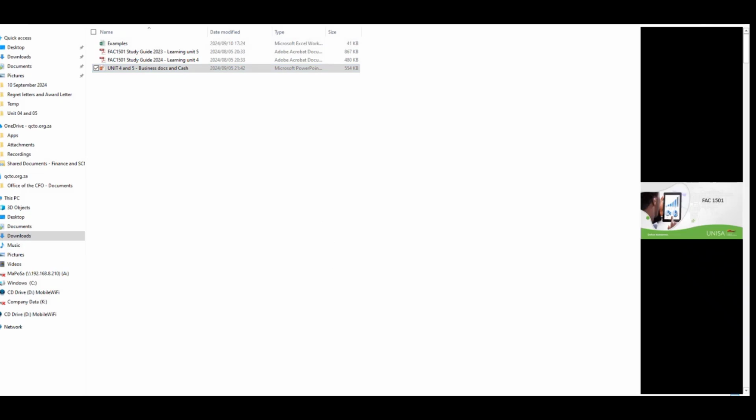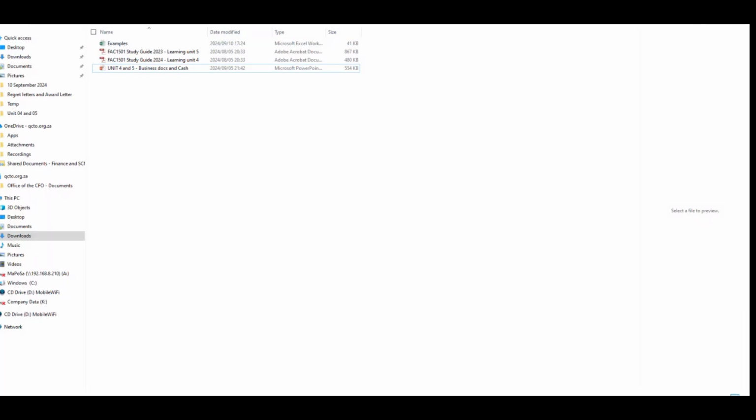I have to show you. I've noticed this is not in your syllabus, but it's important that you understand the big picture of what is happening when there are VAT transactions like that.